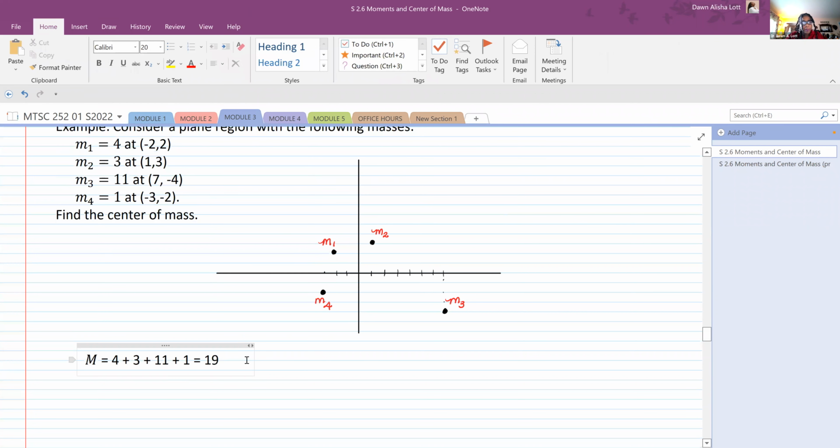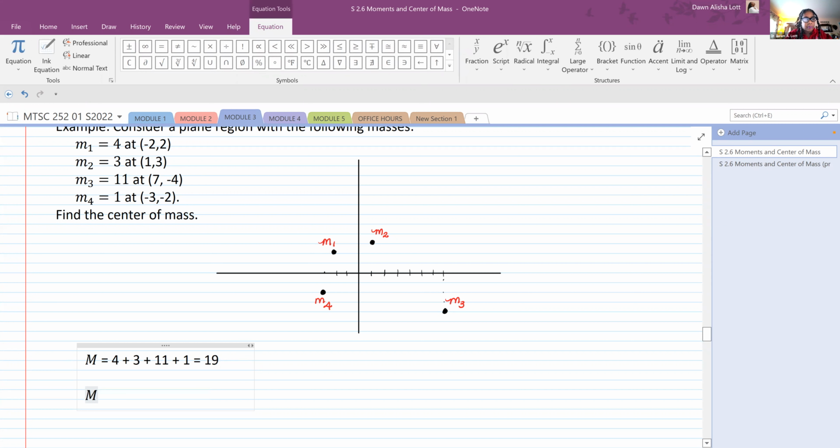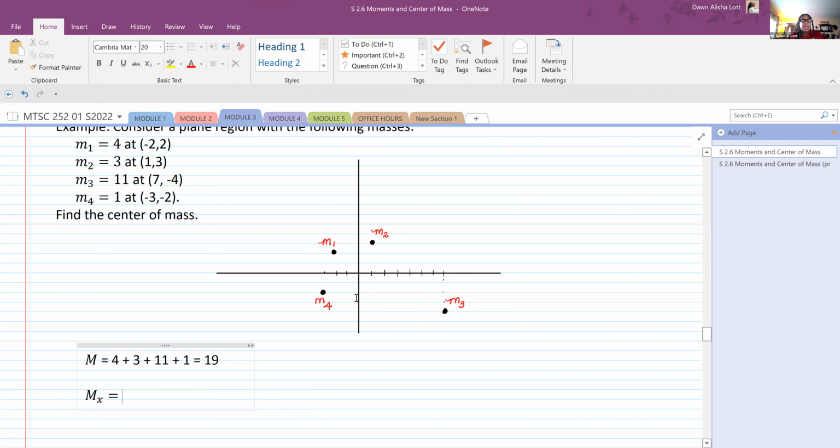Okay. Now we need to find M at MX. To find MX, we have to multiply each mass times the Y value.